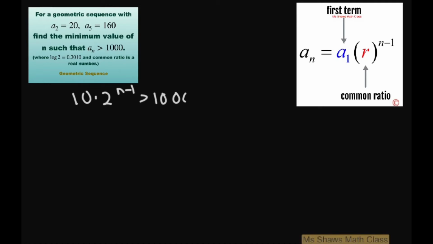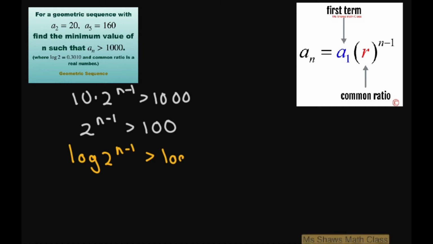Now if you divide both sides by 10, we get 2 to the power of n minus 1 is greater than 100. Okay, let's take logs of both sides. You get log of 2 to the power of n minus 1 is greater than log of 100.